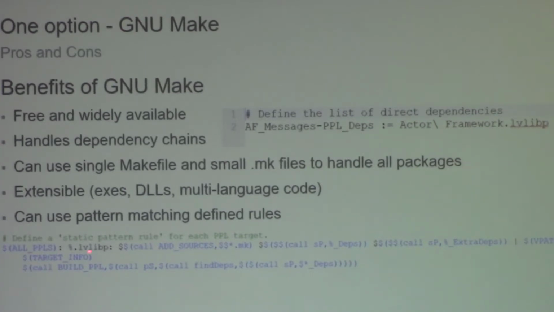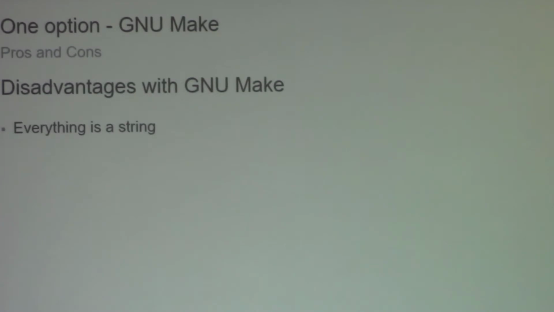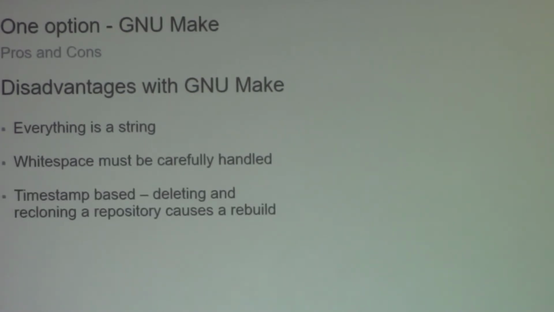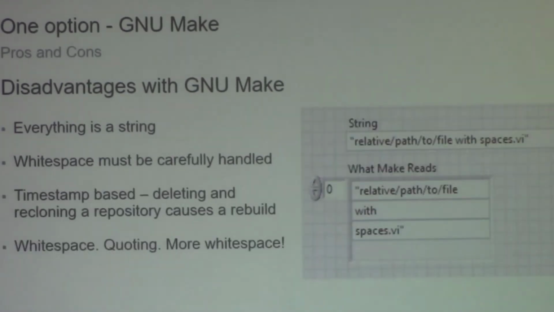The problem is that this has quite a lot of escaping characters. And these functions here are related to escaping white space. Which brings me to basically the reason why you should not use make on Windows. Which is, with make, everything's a string, and it tokenizes based on white space. So if you have spaces in your file names, what you get is something like this.